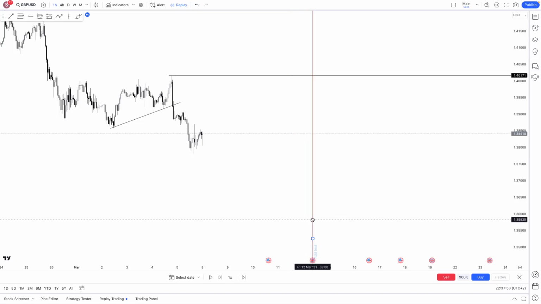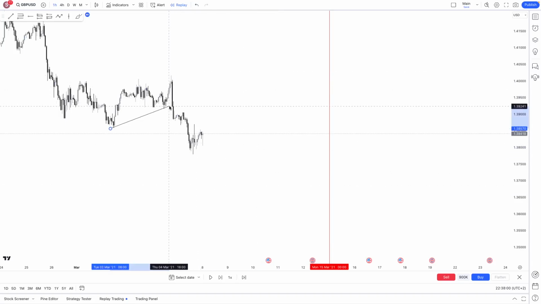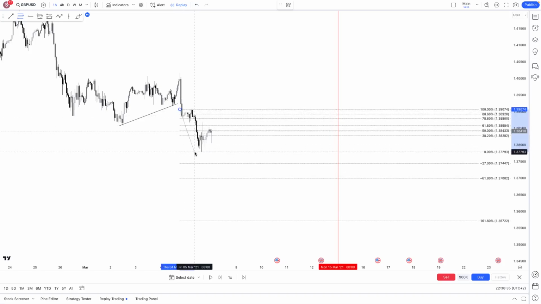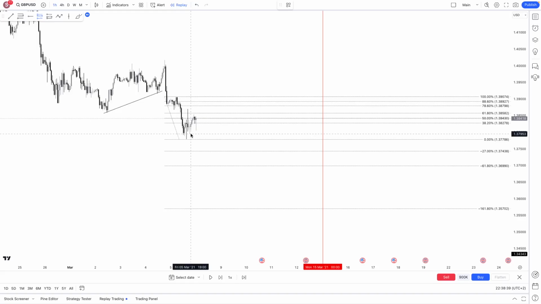Okay, we're in the second week. So I'm interested in this trade.